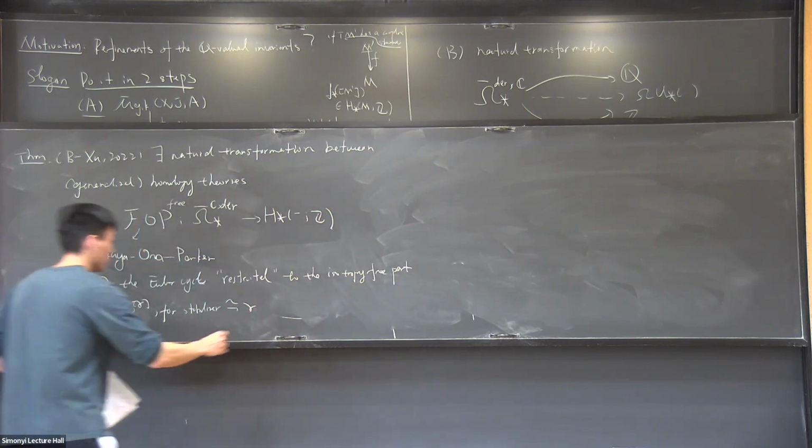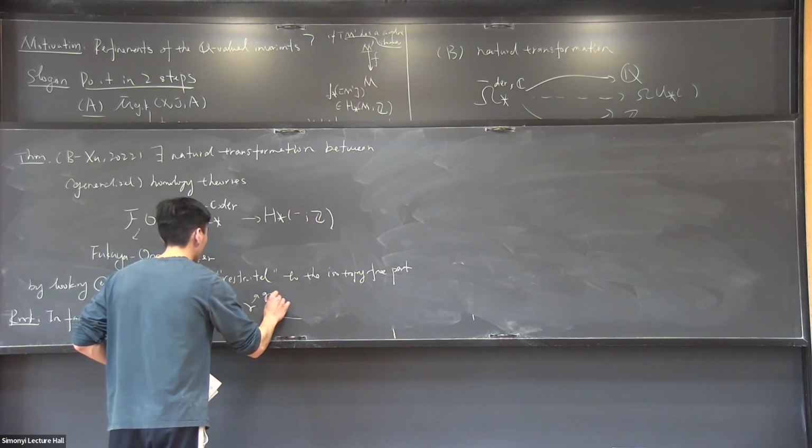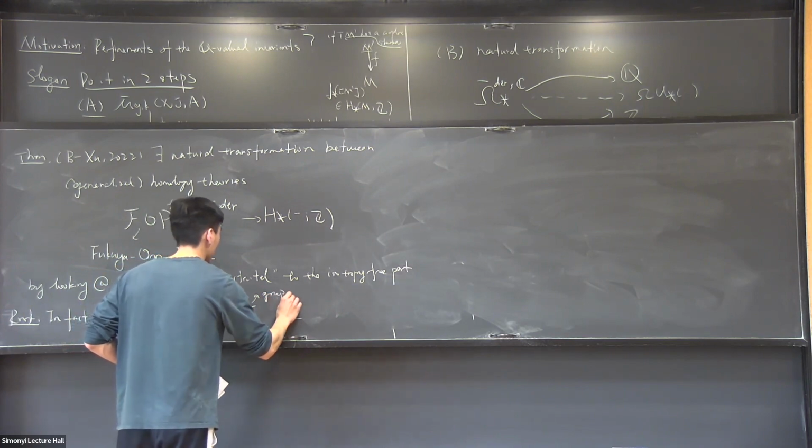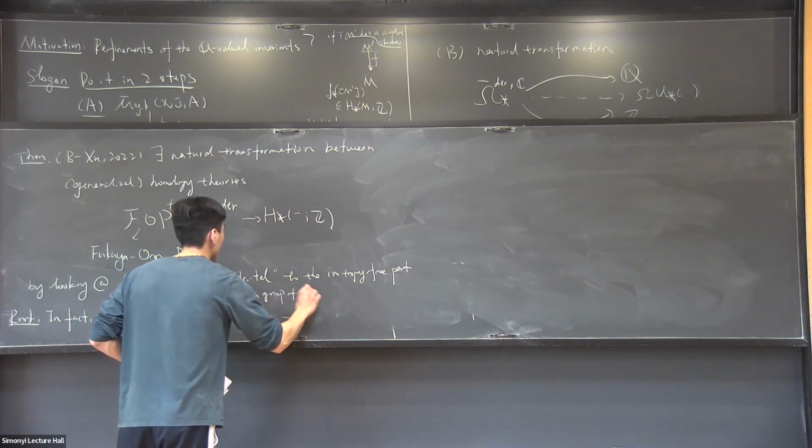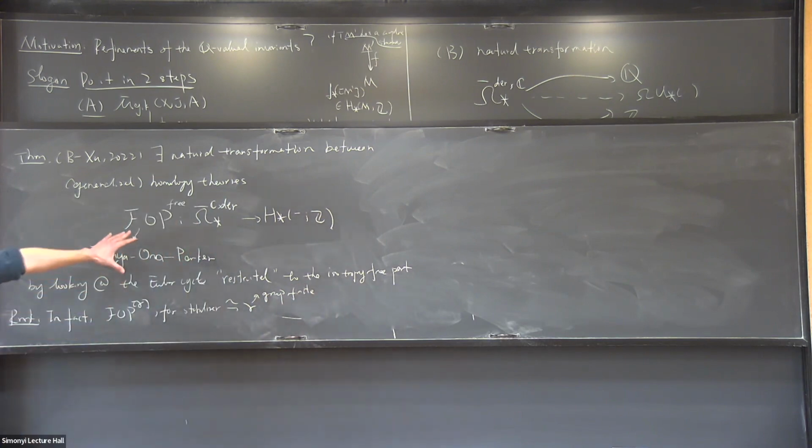So gamma is a group here. So this is just a special case of our construction because it just looks at those contributions from, say, curves with trivial isotropy group.